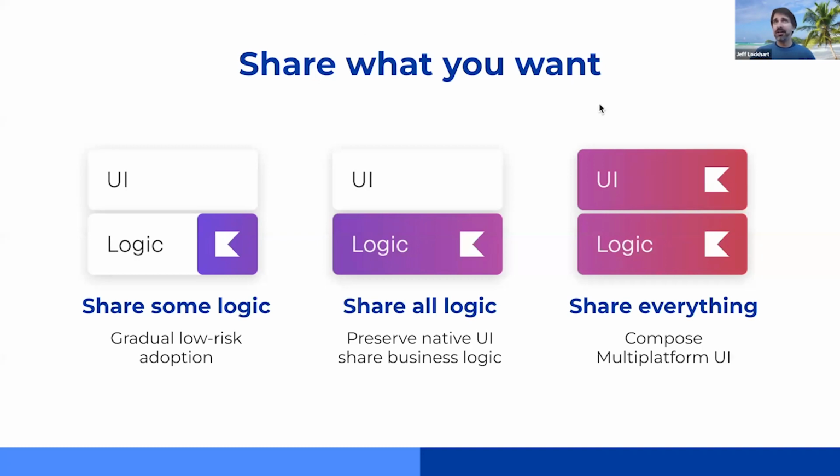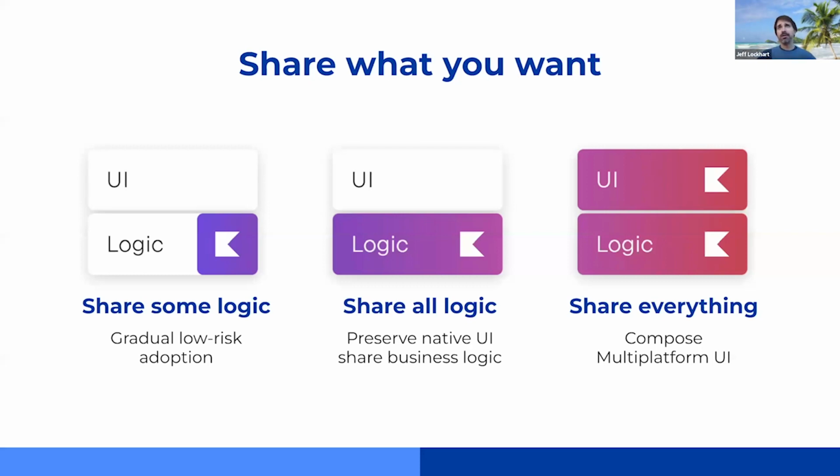On the other hand, on this slide, I just wanted to show how Kotlin multi-platform, one of the things that makes it really unique compared to other cross-platform technologies, is the ability to use it in different sizes depending on your use case.